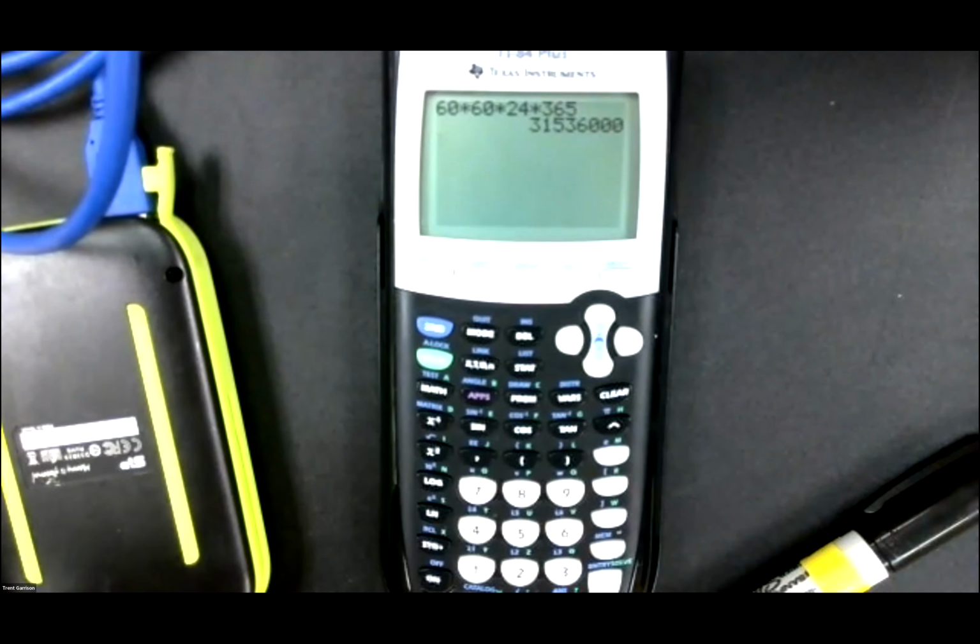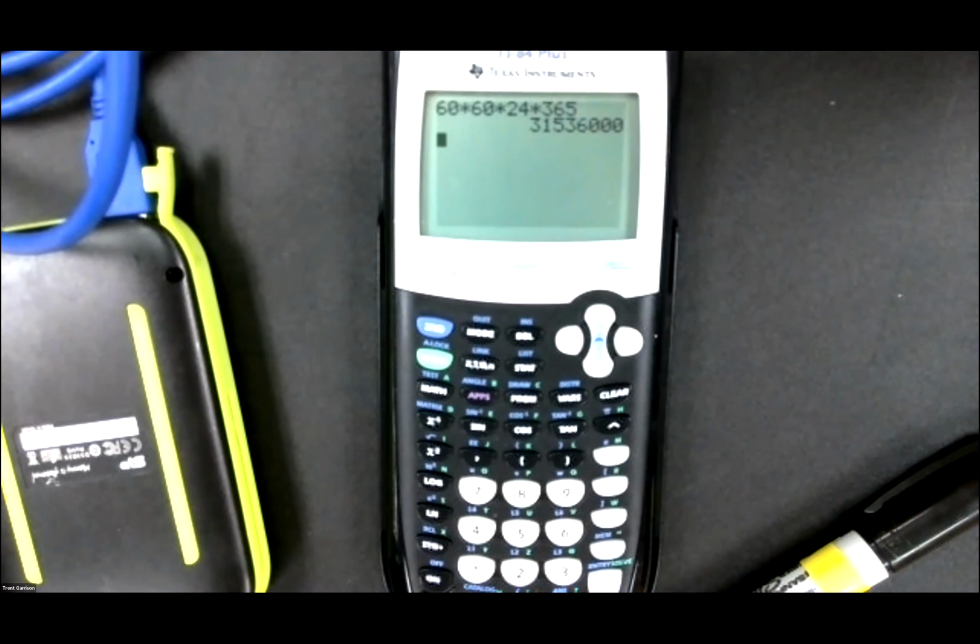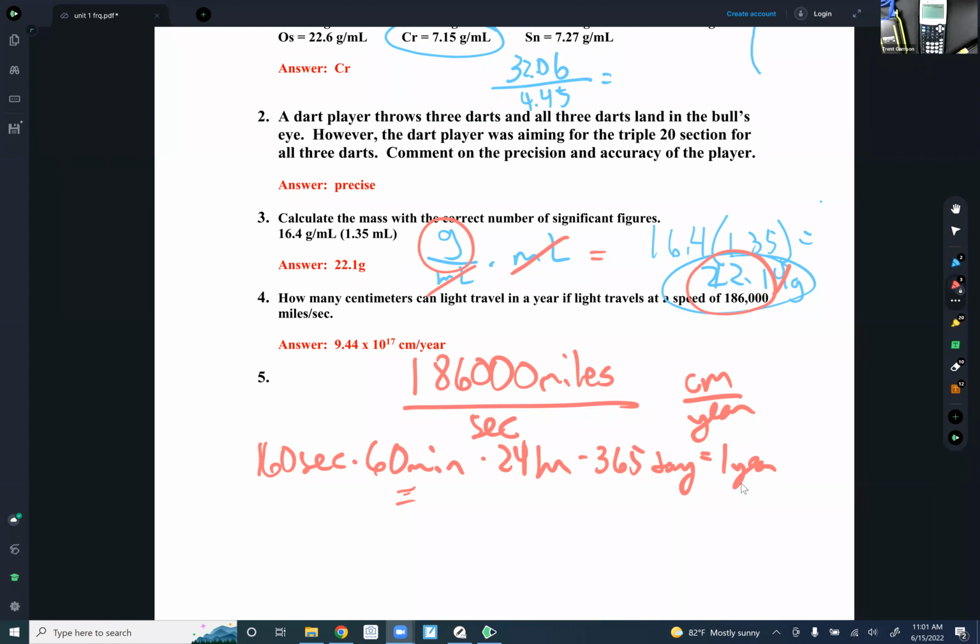We got a huge number. Oh my goodness. So let me come back here now and share our screen. Let's write down that conversion. So for every, oh my goodness, what was that value? It was 31,536,000.